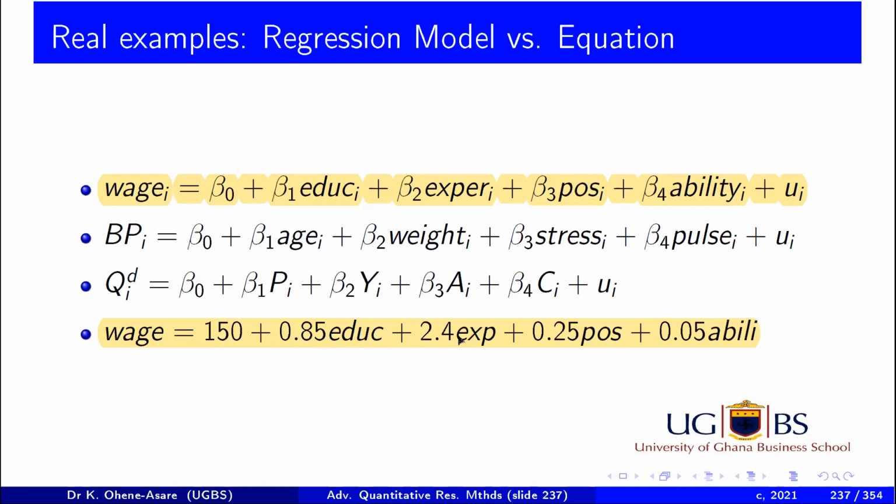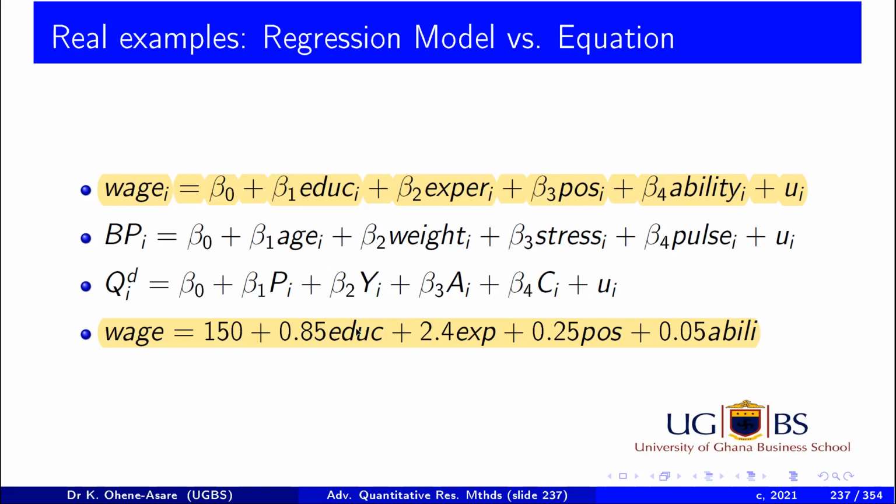Well, by how much? The 0.85 and the 2.4 will tell you exactly the usefulness of them in determining wage. Of course, we are going to look at the interpretation deeply.